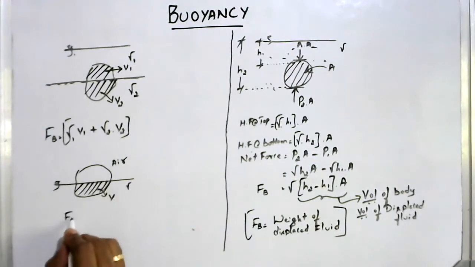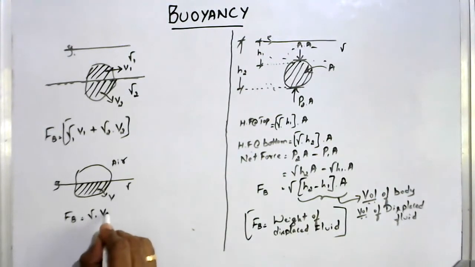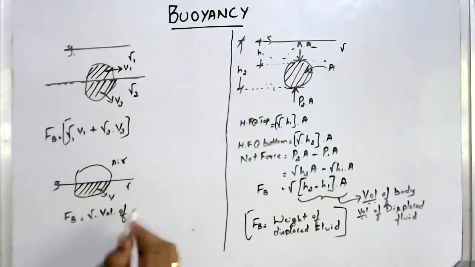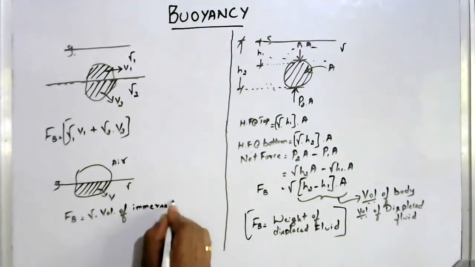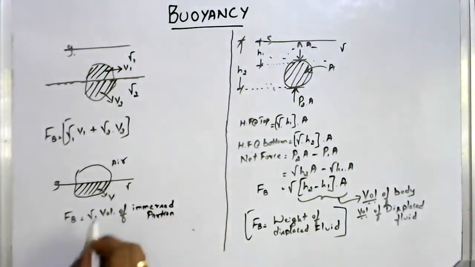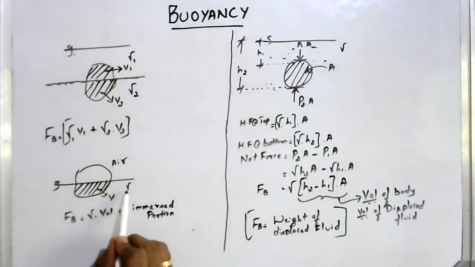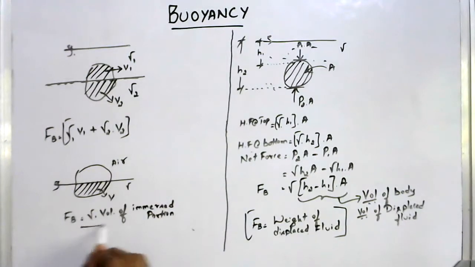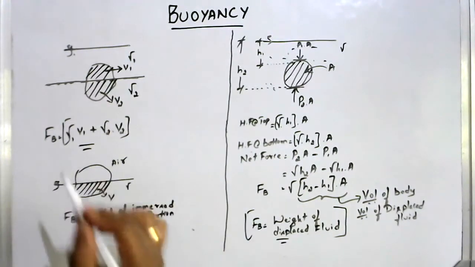Now the buoyant force in this case will be given by gamma of the liquid multiplied by the volume of the immersed portion. Why do we consider only the immersed portion? Because this is air, and usually the density of air is neglected. Therefore, I'll consider only the specific weight of the fluid multiplied by the volume of the immersed portion. This is how you can calculate the buoyancy force in the three different conditions.